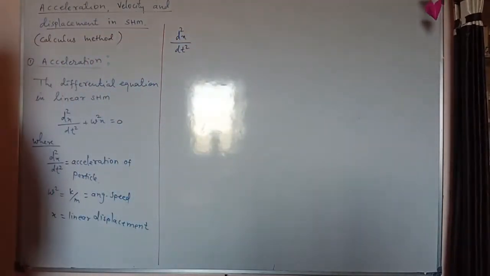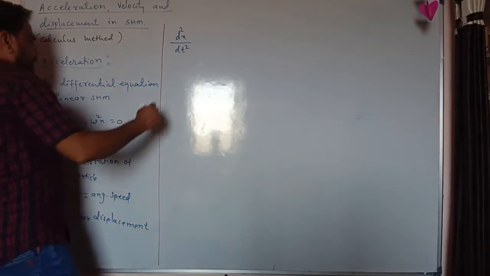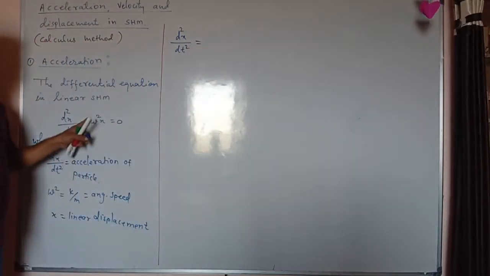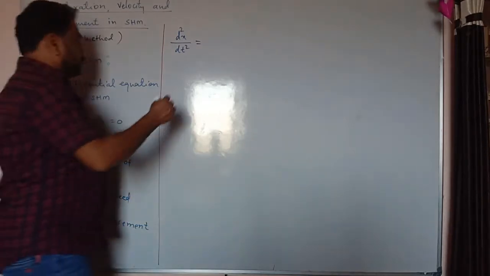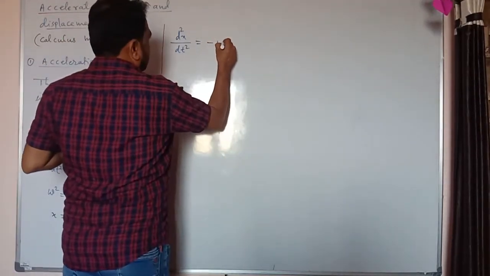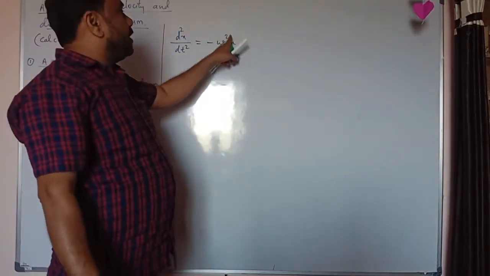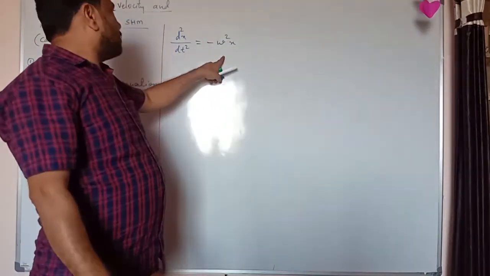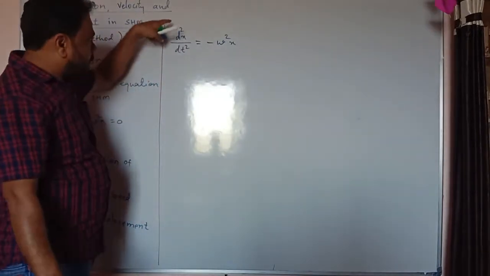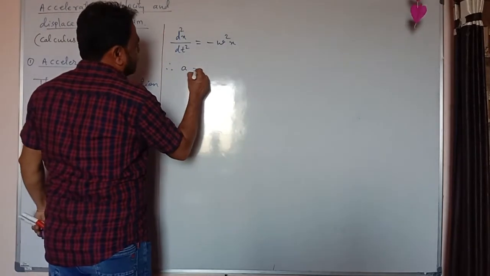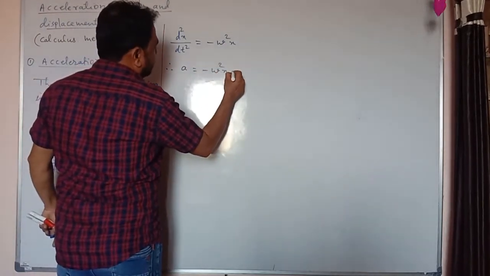d square x upon dt square is equal to, so this plus omega square x becomes minus omega square into x, and this minus omega square into x is called acceleration, because d square x upon dt square is acceleration. Therefore we can write acceleration is equal to minus omega square into x.